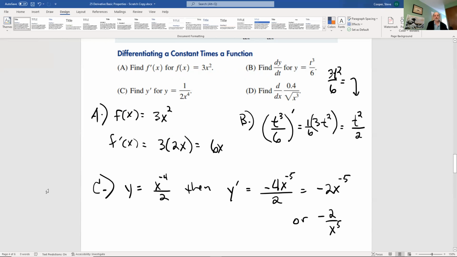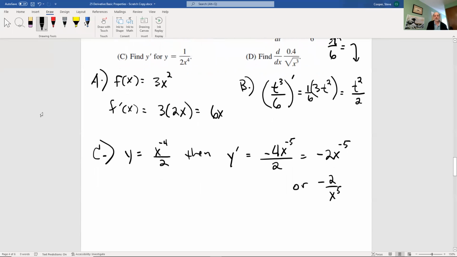Okay, last one looks like the trickiest here. We're going to say, give me the derivative of 0.4 over square root of x cubed. So again, we want to rewrite that in friendly form for the power rule.